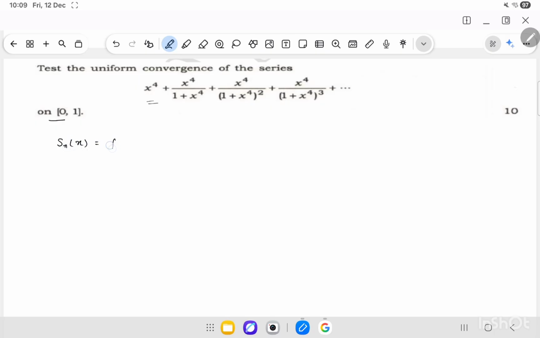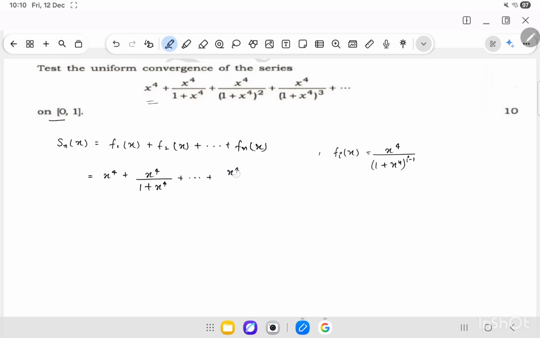It will be equal to f1(x) + f2(x) + up till fn(x), and here I have assumed fi(x) is basically equal to x^4 divided by (1 + x^4)^(i-1). So these are the terms. If I evaluate the nth partial sum, it will be x^4 + x^4 divided by (1 + x^4) + up till x^4 divided by (1 + x^4)^(n-1).